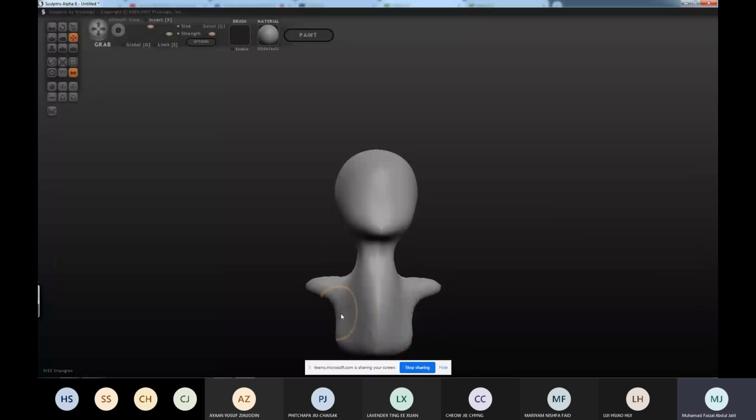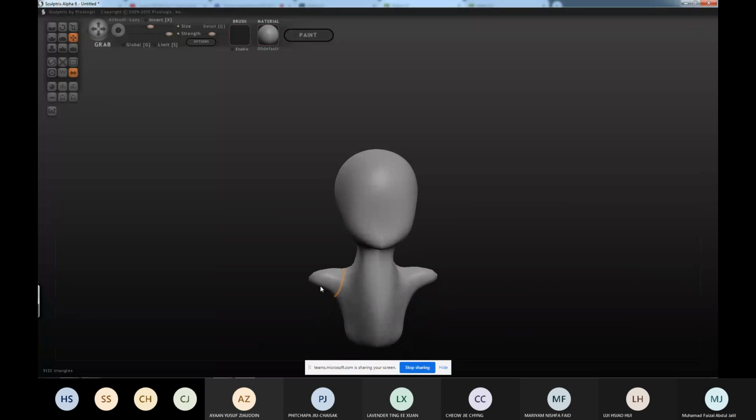Because when it comes to designing the human body directly, spend time to understand how the things work first.